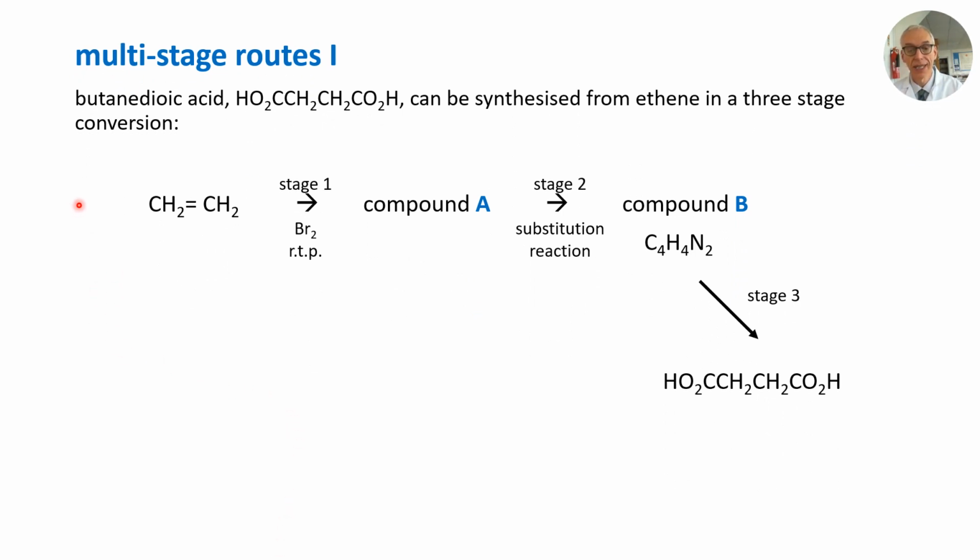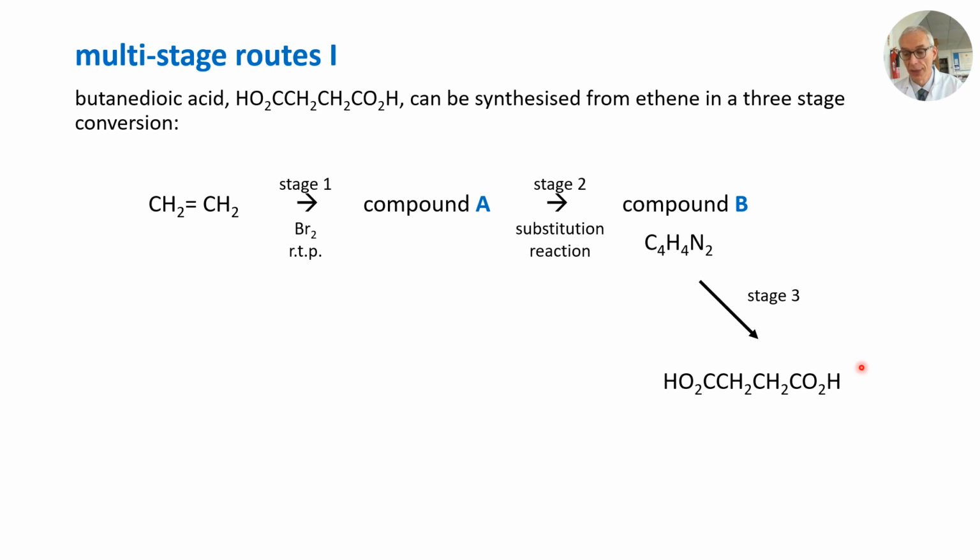So here is a multi-step synthesis. Butane dioic acid synthesized from ethene. So there's our starting molecule, and butane dioic acid is our target molecule through a 3-stage process or conversion.